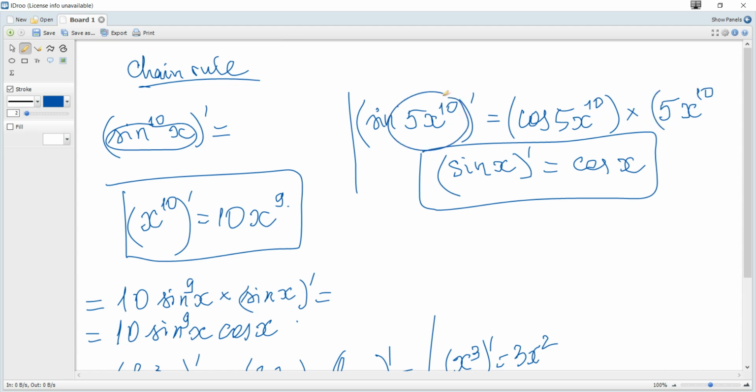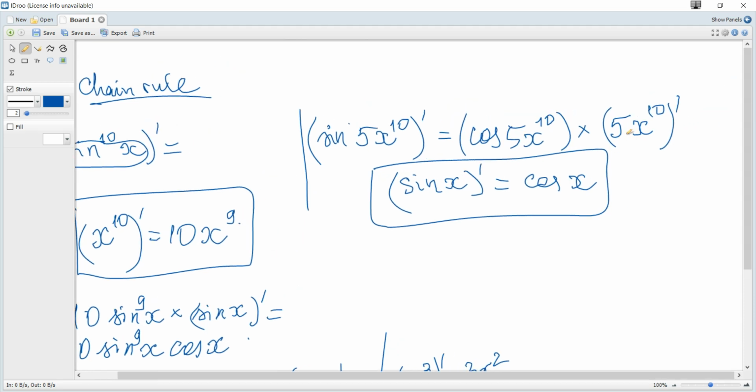Derivative of 5 multiplied by x to the power of 10 is 50x to the power of 9, so it is equal to 50x to the power of 9 cosine 5x to the power of 10.